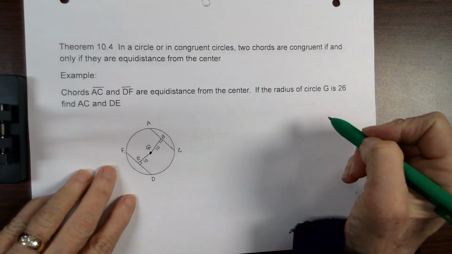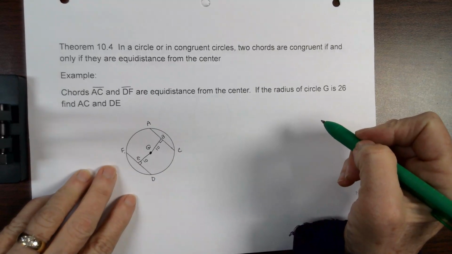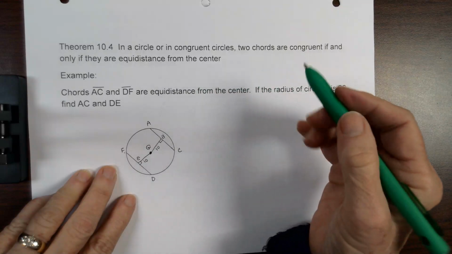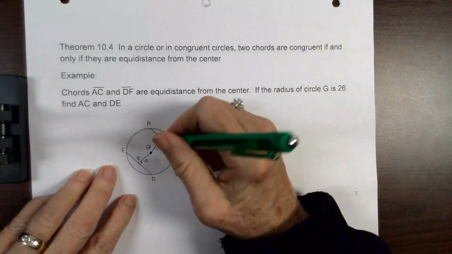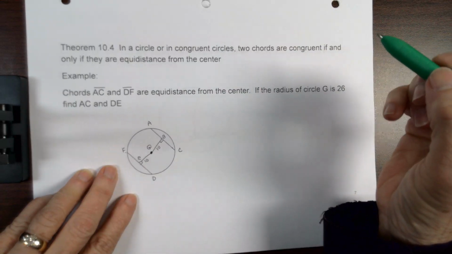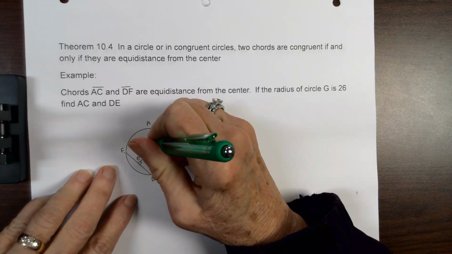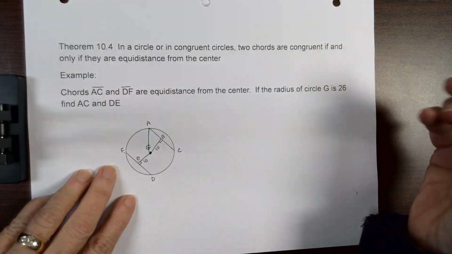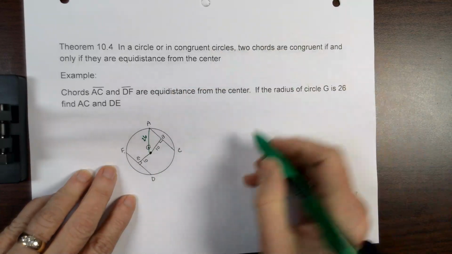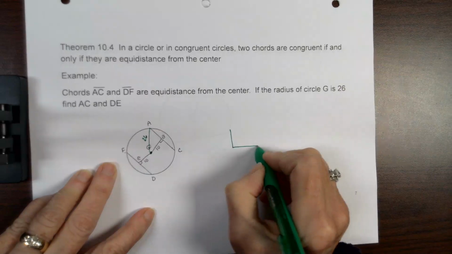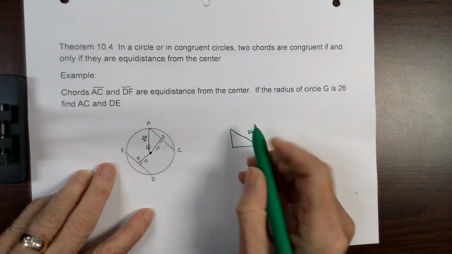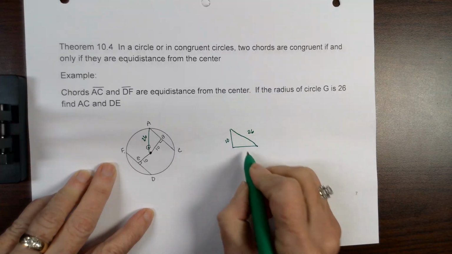If the radius of the circle is 26, find AC and DE. So I know it's a right angle, so I know the radius, which that would be a radius, is 26. So I can find AB by pulling out that triangle right there. I know I have the hypotenuse. I know I have this.